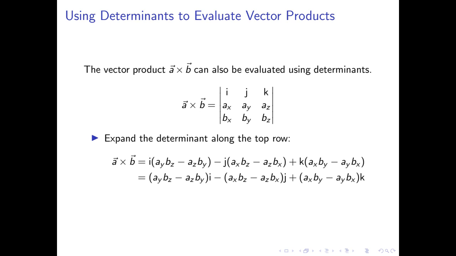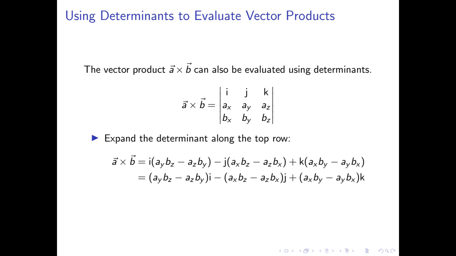Recall again that it's a cross, it's not dot, it's cross. It can be evaluated in this form. You write the ijk components on top of this matrix. So what you want to do is represent your components in a matrix form.